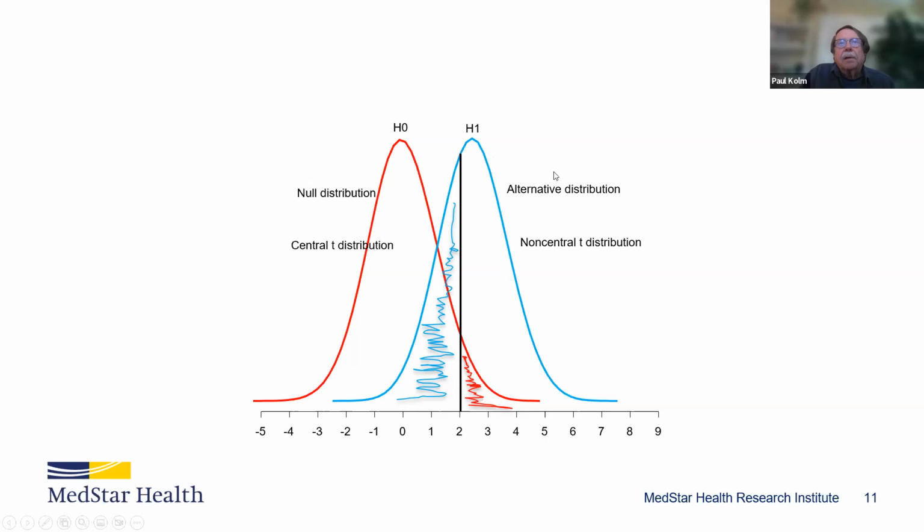This part of the alternative distribution, then, that's to the right of my vertical line here, that's the power. In other words, that's 1 minus the beta error. So this represents the power of our statistical test.